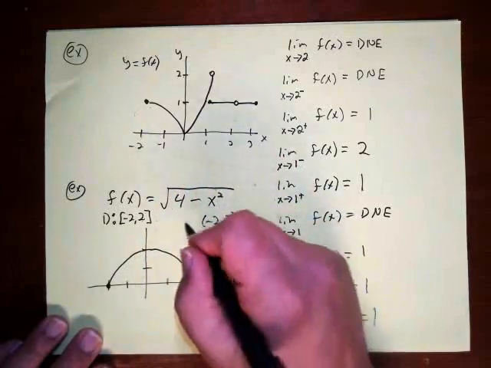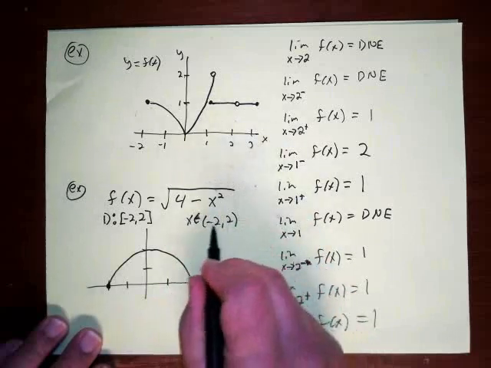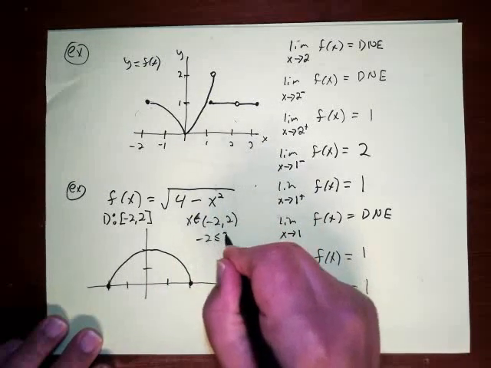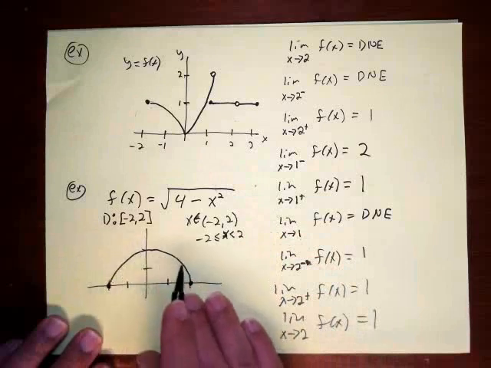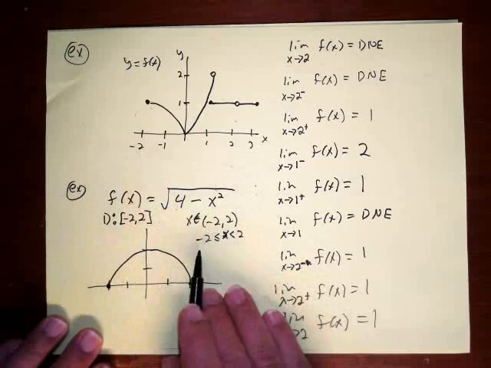But for x on this interval, for x between -2 and 2, the limit would exist for all these values. You could bring it inside, and the limit would exist.